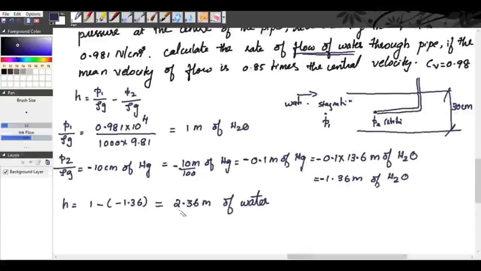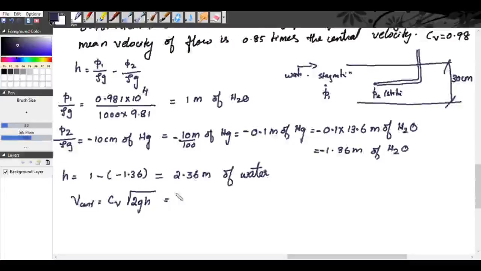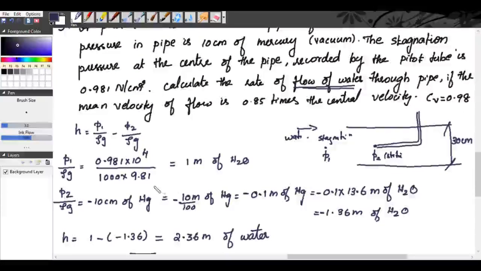Now the velocity at the center V, that is central velocity, is equal to CV into root of 2GH. CV is given as 0.98.